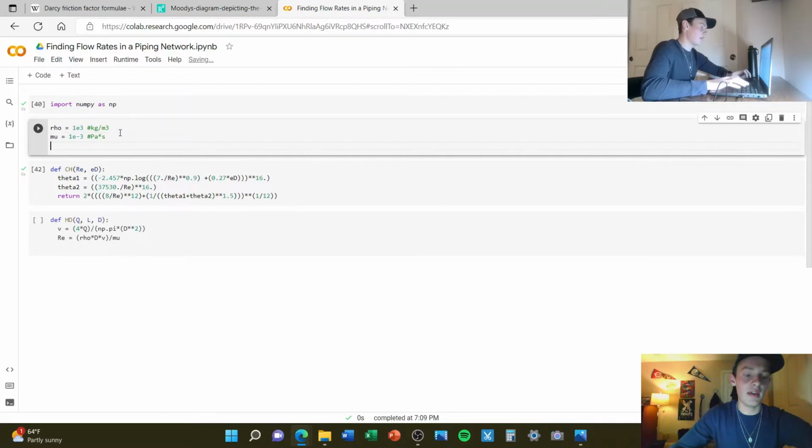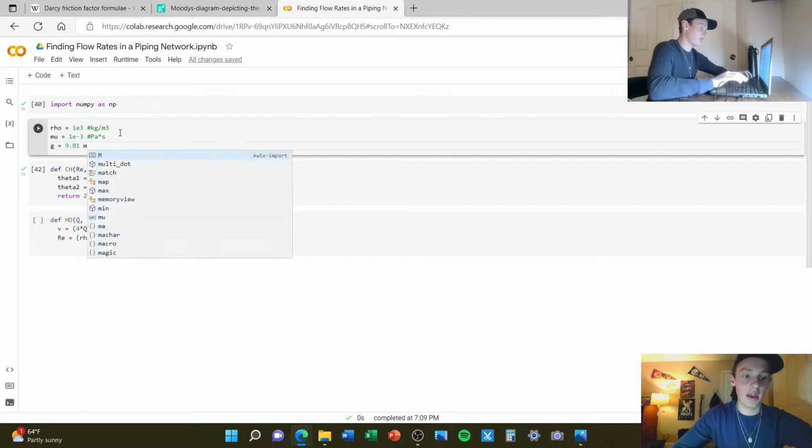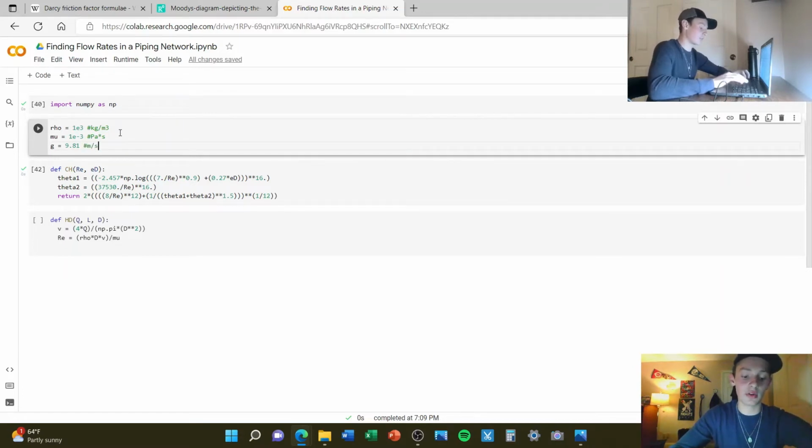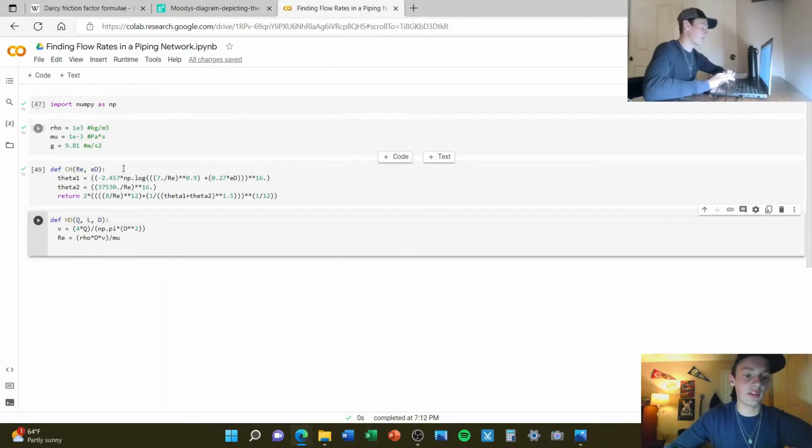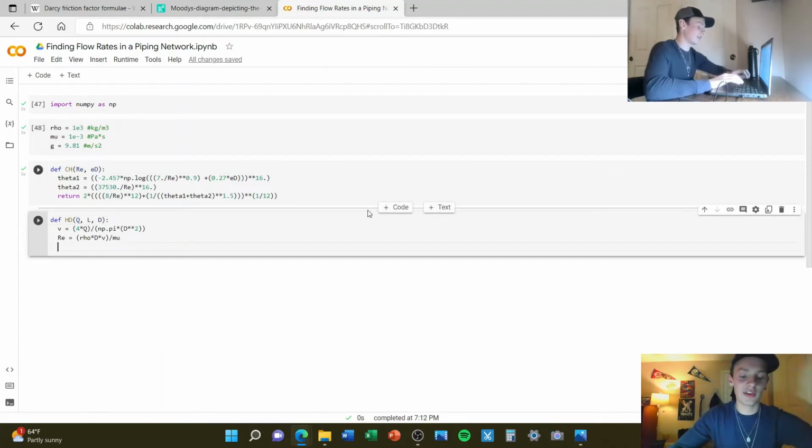Okay, and then the last thing we're going to need is the acceleration due to gravity, because we are expressing everything in head form. And of course that's in meters per second squared. Okay, so let me just shift enter on all of these, just so that when we test this out it's actually going to be correct.